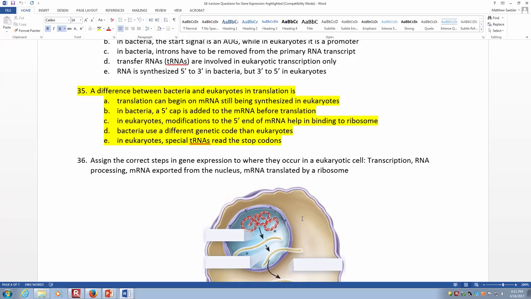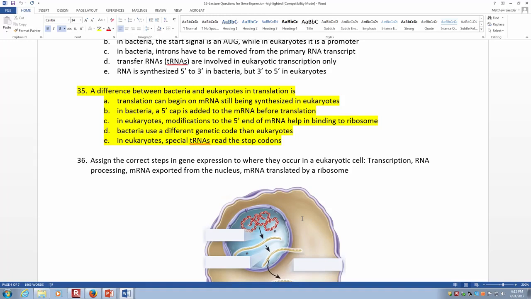It's not A. Right, great. C. So this one was a tricky one. So let's go through all of them again. So A is not right because translation can begin on mRNA still being synthesized in bacteria, not in eukaryotes.